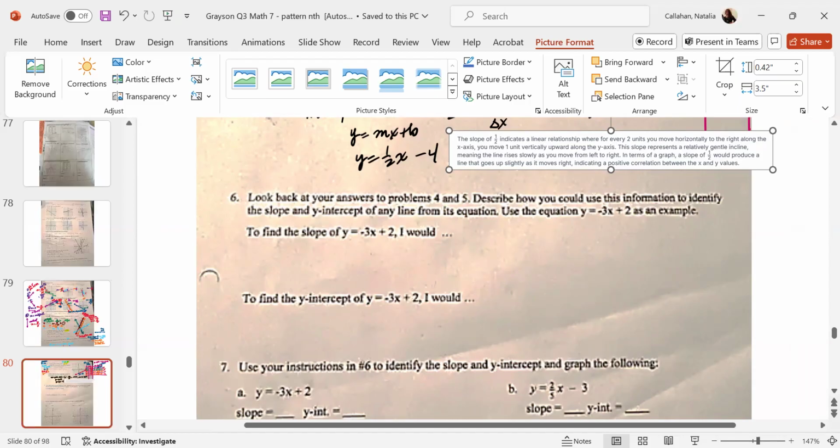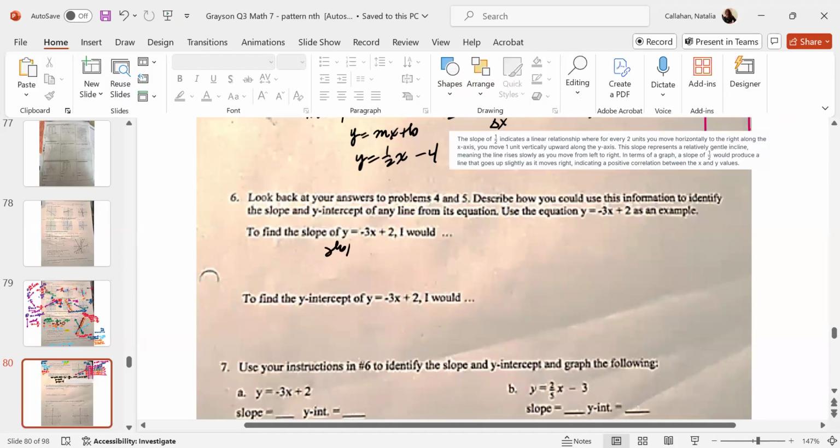Where is the slope? How do you know that's a slope? Right? The slope is always in front of x in the equation y equals mx plus b. What kind of slope is it? -3 over what?